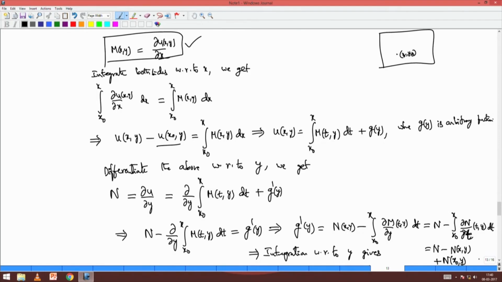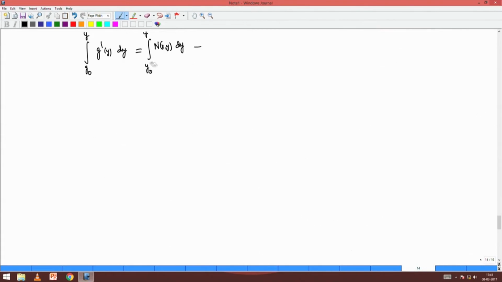If I simply integrate ∂N/∂t dt, this goes simply to the total difference of N at t variable, N at x minus N at x naught. So N is a function of (x, y), this cancels, and this is simply N of (x naught, y). So if you integrate directly, the right hand side is simply N at (x naught, y).